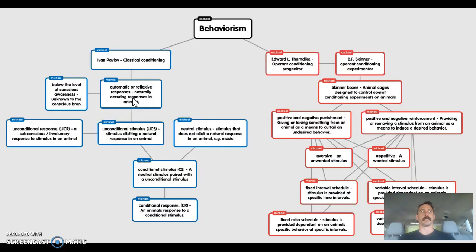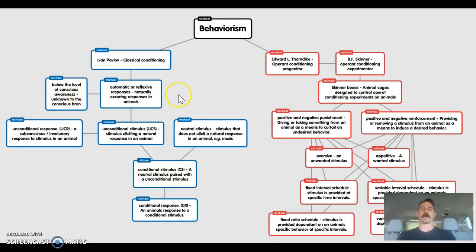I think the classic example is just a light in your eye, and your pupils will expand or dilate. And obviously, Pavlov's dogs, where he introduced stimulus, which is meat to them, and they salivated. That was their automatic reflexive response.